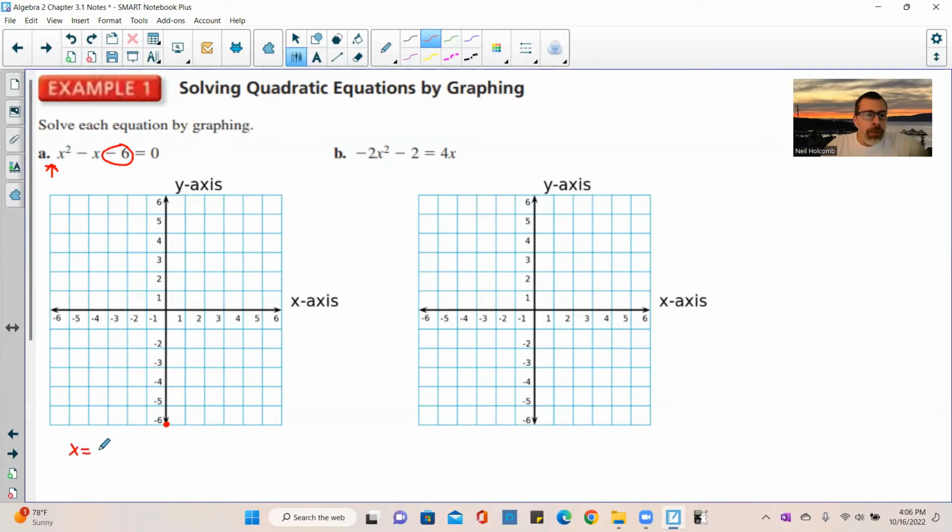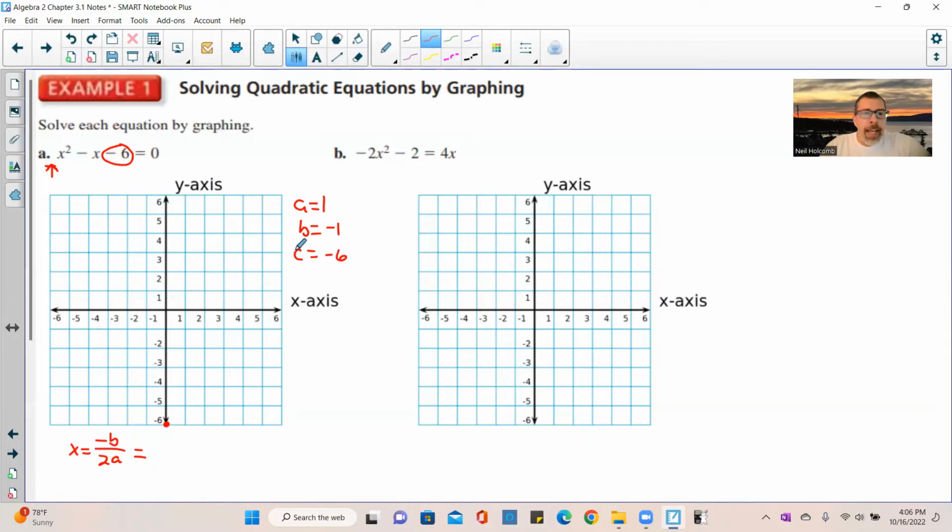X equals -b over 2a is the x value of the vertex. It is the axis of symmetry. And b is -1. So I always would suggest when you're doing these to write a equals, b equals, and c equals. And a in this case is 1. B is -1, and c is -6, and that is our y-intercept.